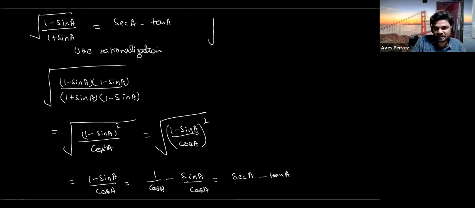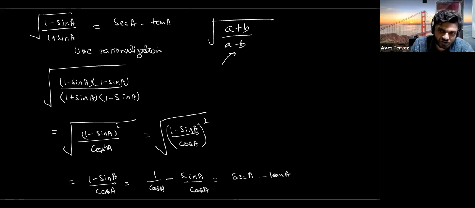If something is written under root like a plus b upon a minus b, what is in the denominator? We multiply it by the same with the opposite sign. If there is a negative sign, we multiply with a plus b. If it was plus, we would multiply with a minus b. Similarly we have to multiply the numerator.